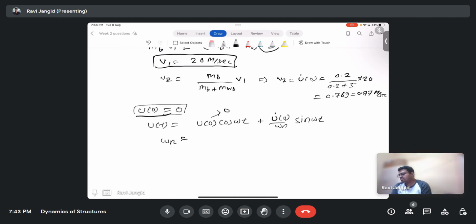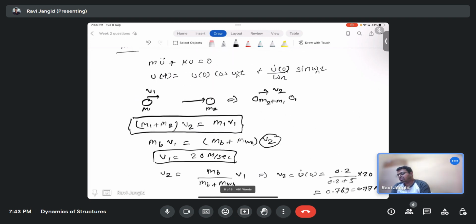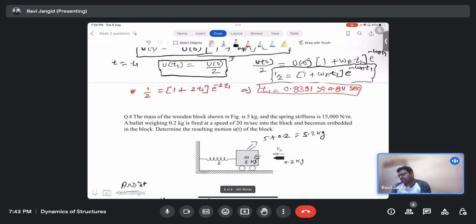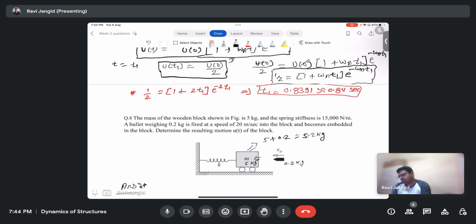Stiffness value, sir. Okay, stiffness is given to you. Where is the stiffness in the system? Yeah, stiffness is given, 15,000.